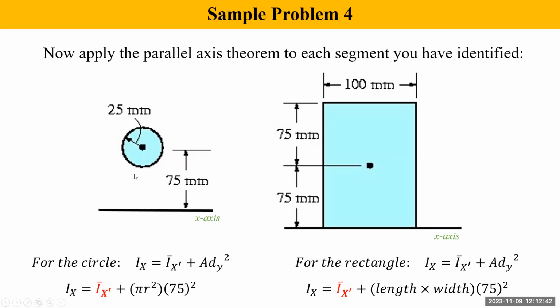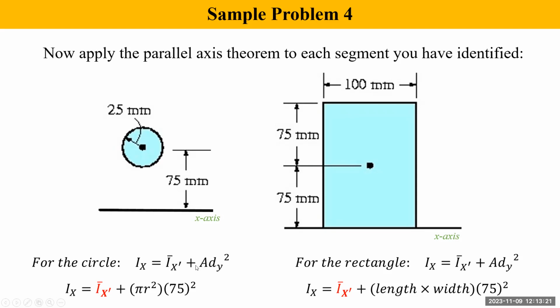Okay, right away we are able to use the parallel axis theorem. Your reference axis is the x-axis, and where the center is, that is 75 from the x-axis. So the standard thing is to use Ix prime, which means you use the standard formula for a circle, and the standard formula for the inertia of a circle is 1/4 pi r to the fourth power. After that, you go to the parallel axis theorem.